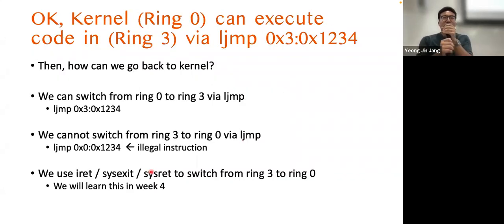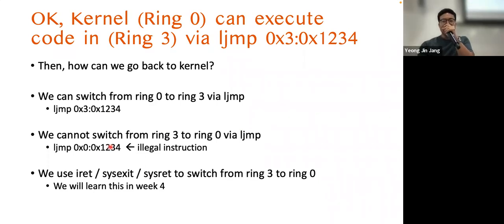Then you might be curious: while we are running the operating system, we can switch to the application level, so how can we get execution back from the application to the kernel? That actually happens a lot while running applications. Switching from 0 to 3 is easy because we can use long jump, but for switching from 3 to 0 we cannot use long jump.